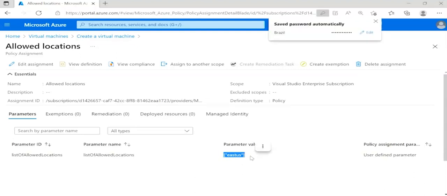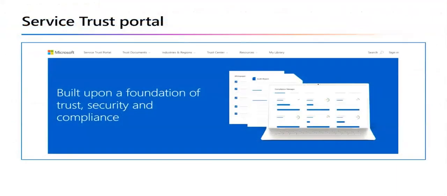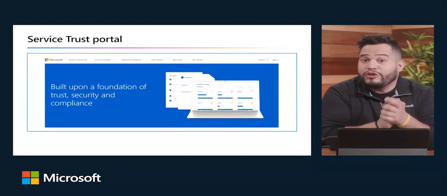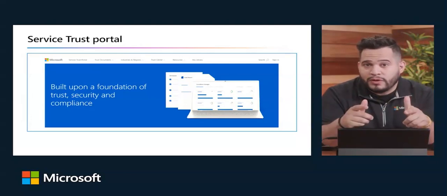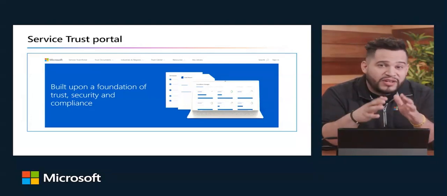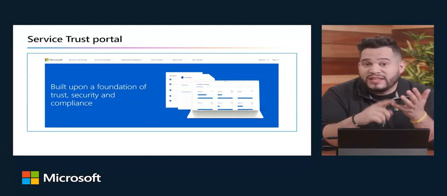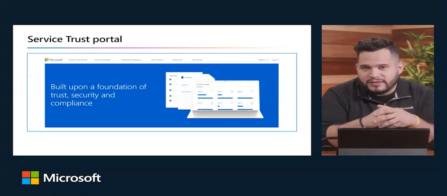So, as you saw, with policies and resource locks, we really can make sure that our environment is compliant at all times. The Microsoft Service Trust Portal. Let's talk about that. The Microsoft Service Trust Portal is a portal that provides access to various content, tools, and other resources about Microsoft's data, security, privacy, and compliance practices.